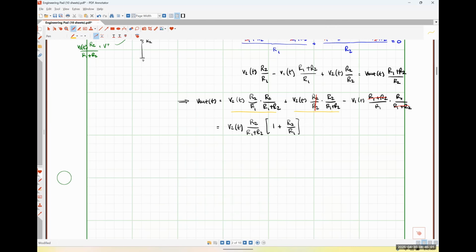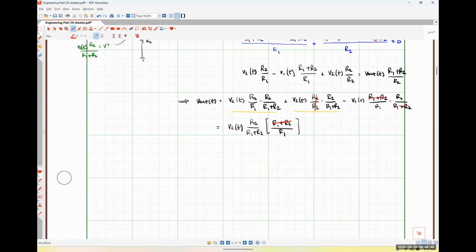Okay. Well, what I'm going to do really quickly here is change that factor of 1 into R1 over R1. So if I do R1 over R1 like so, I have R1 over R1 plus R2 over R1. Well, now I have a common denominator in that term, so I can put those together, and that's going to come out looking like R1 plus R2 divided by a factor of R1.